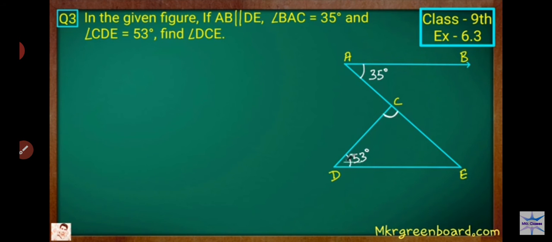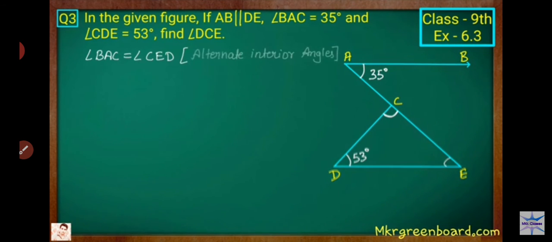Understand? Now AB is parallel to DE, it's given, and if we see AE is the transversal, then angle A, which is given as angle BAC, is equal to angle CED. Why? Because they are alternate interior angles. If two lines are parallel, then alternate interior angles are equal.